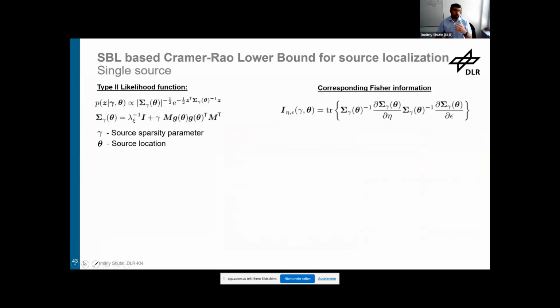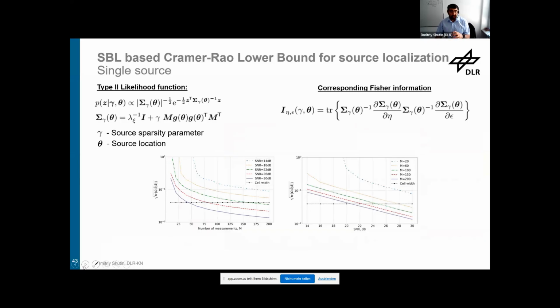You can go a little bit further. You can analyze this estimation problem theoretically. You can derive Cramér-Rao lower bounds, which tell us how accurately we can estimate the sources, how many measurements we have, or what we need to collect to estimate the sources, for example, with an accuracy comparable to the accuracy of our discretization.